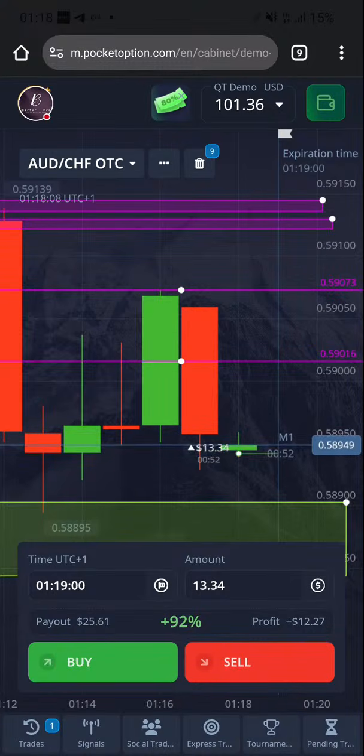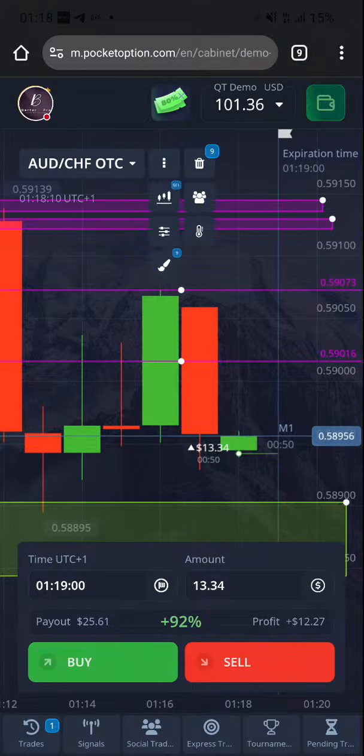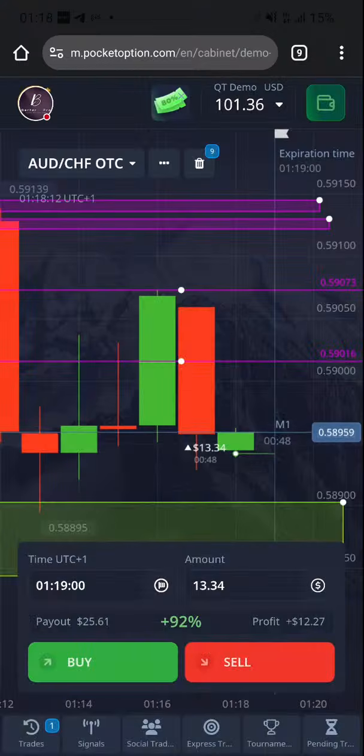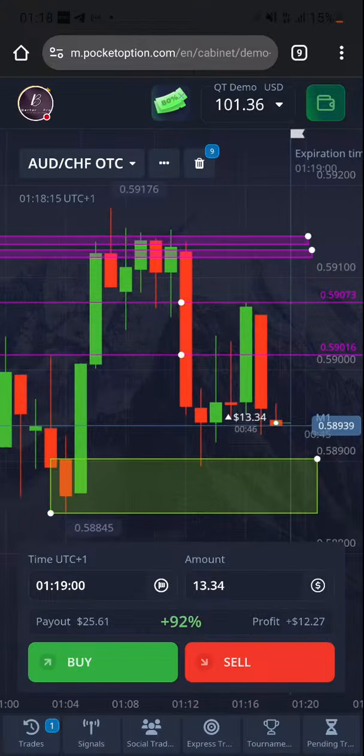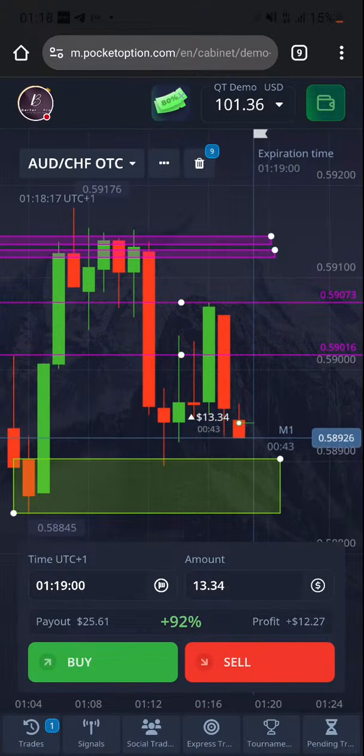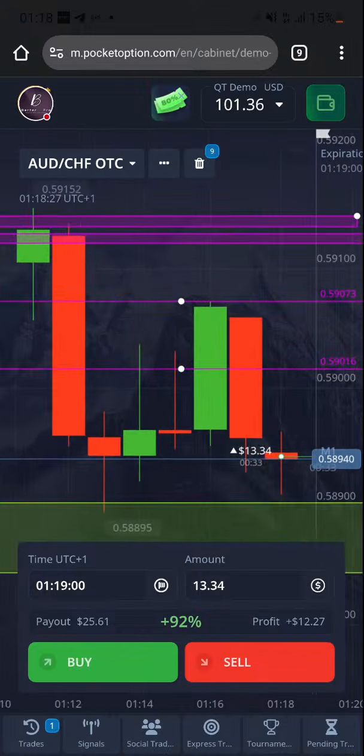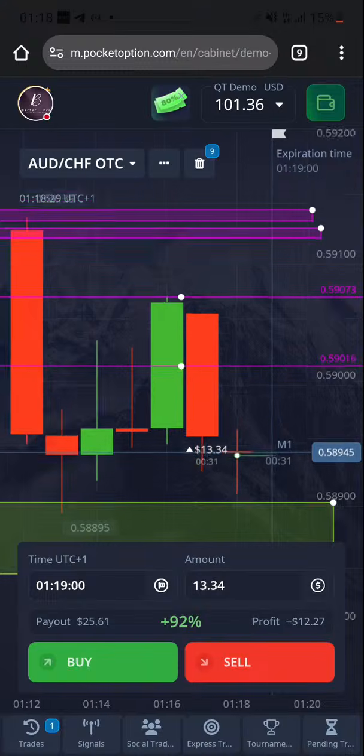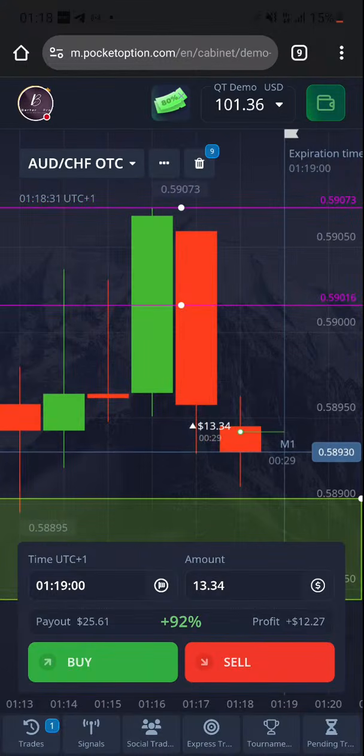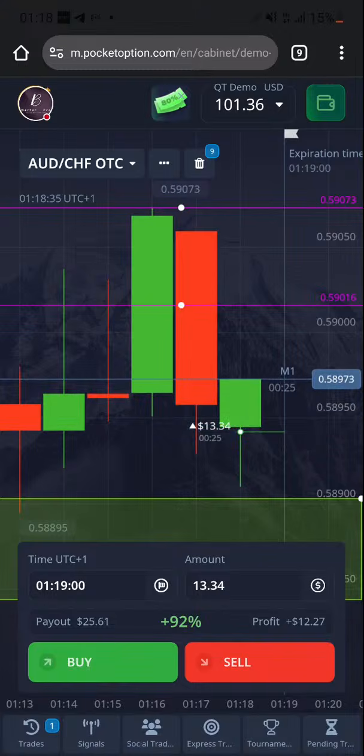If it comes down into this demand area, I'm going to go crazy on the market. Is it going to do it? If it's not going to do it, just give us our green candle. Let's not stress.